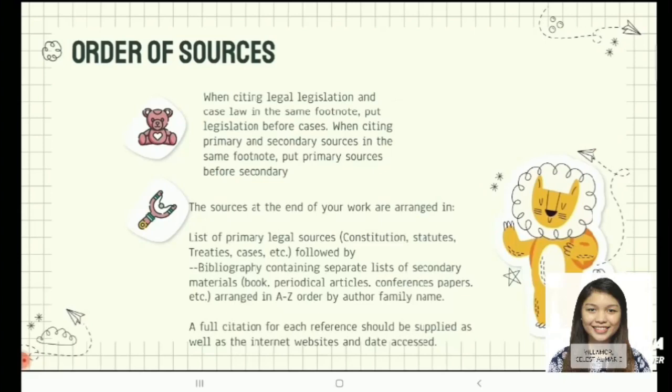A full citation for each reference should be supplied, as well as the internet websites and the date they were accessed.